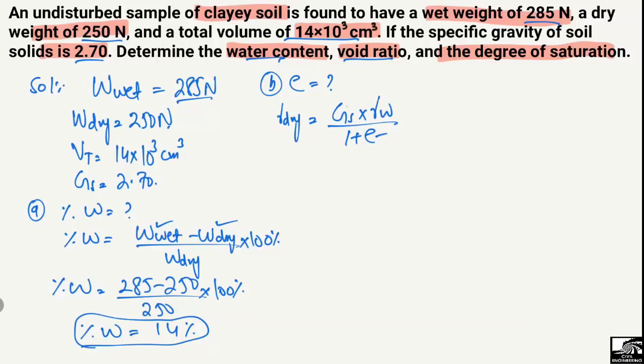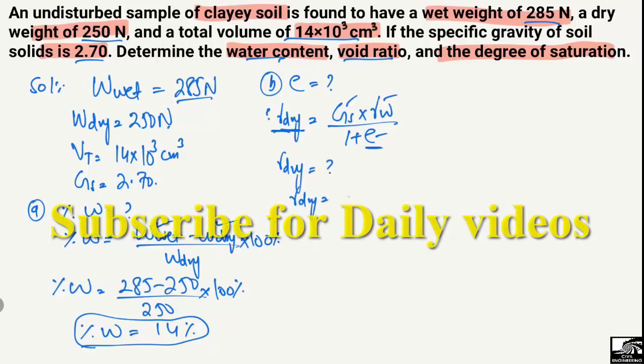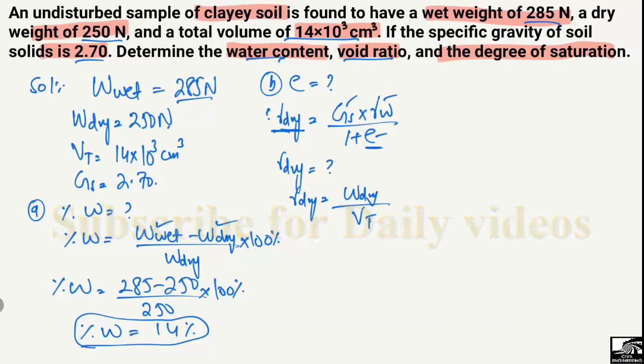Here the specific gravity and gamma W are known to us, but gamma dry is unknown, so we have two unknowns. We must find gamma dry, and gamma dry is equal to the dry weight of the soil divided by the volume.